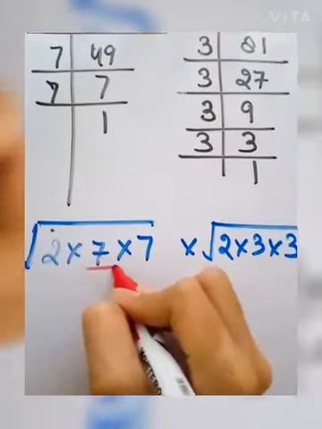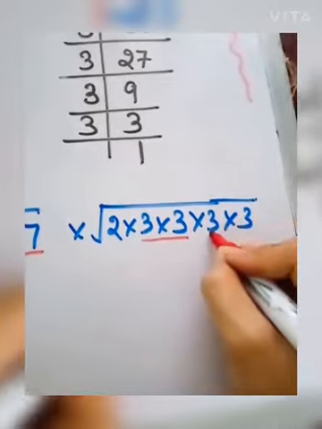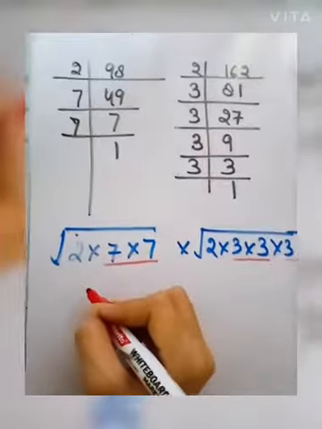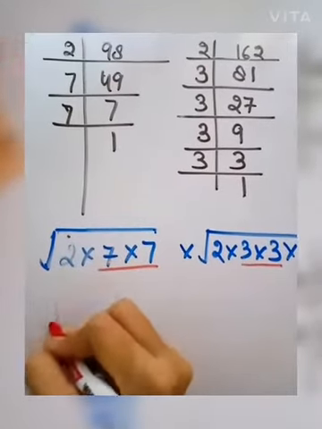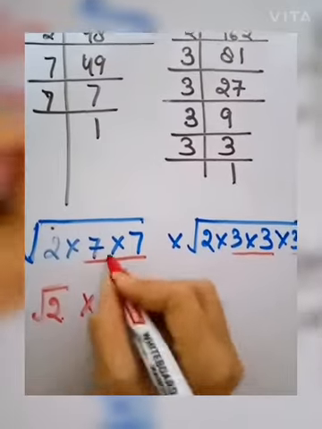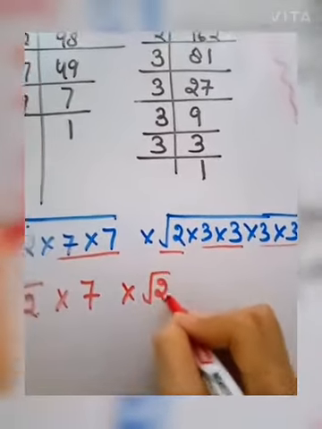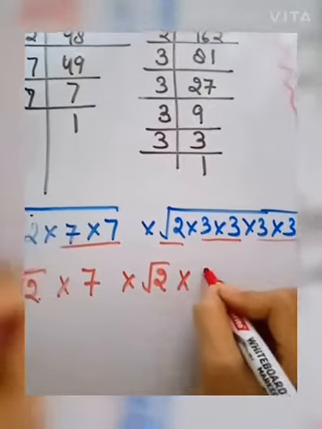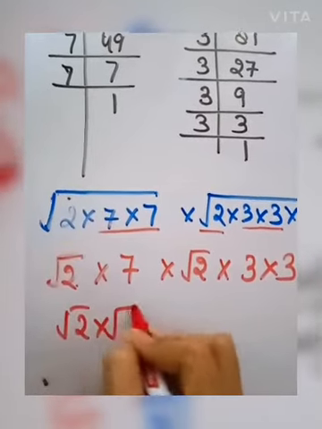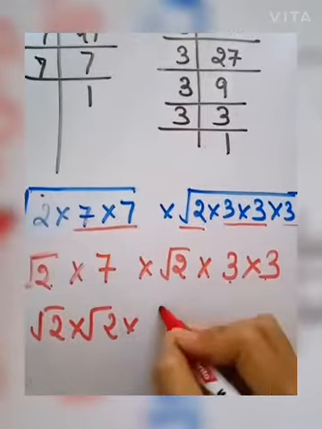Do the pairing. We have a pair of same numbers, another pair, another pair. Now remove the square root sign. This 2 does not have any pair, so it will remain under the square root. It will be 7. This 2 also does not have a pair, so it will remain under the root sign. 3 into 3. Now what we have is root 2 into root 2, 7 3s are 21, 21 into 3 is 63.